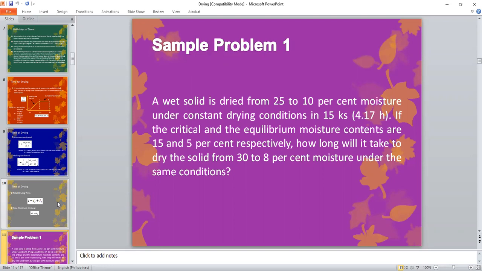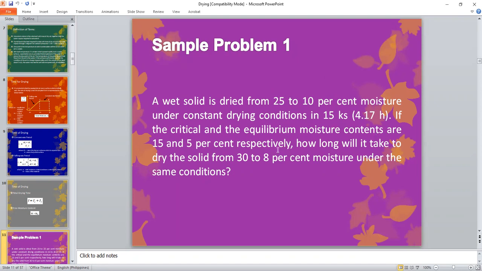Now, you have to understand in this problem, class, that the time of 15 kiloseconds that is given is the time it would take a material which has 25% moisture initially to dry to 10% moisture. So it would take this much time for it to dry.